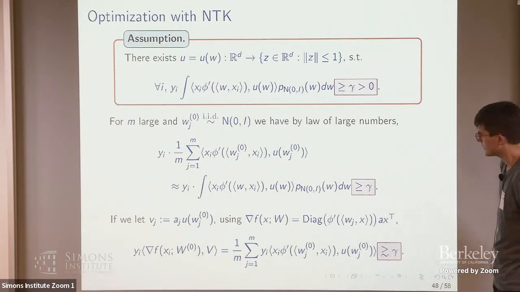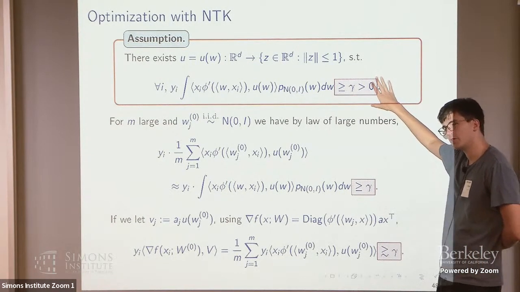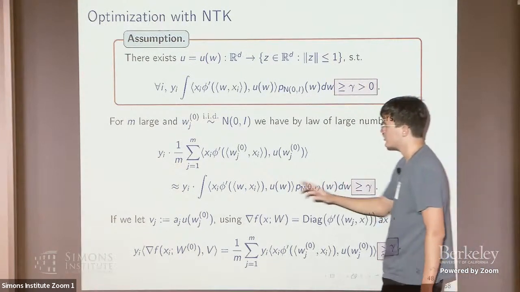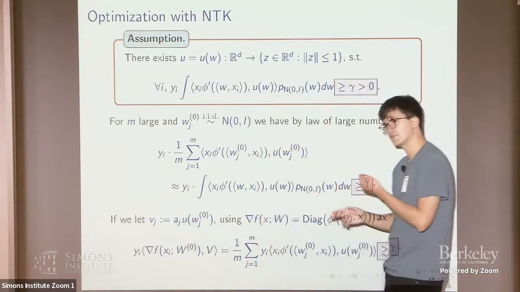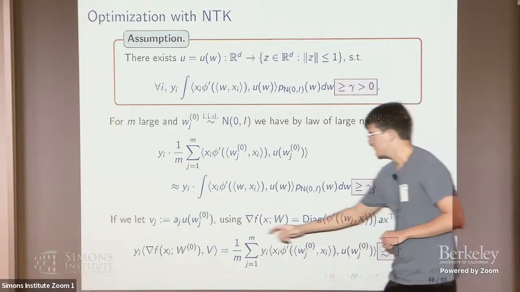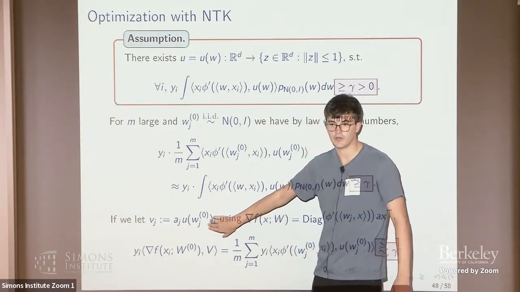But I just want to bring this type of assumption back into what I was discussing before about these gradient margin quantities, and how we want to construct linear functions of the gradient in order to classify well. So if we let these vj's, remember vj's are the columns of the V transpose matrix, so the rows of the V matrix, be equal to aj, which is the second layer weight, times this U applied to wj0.